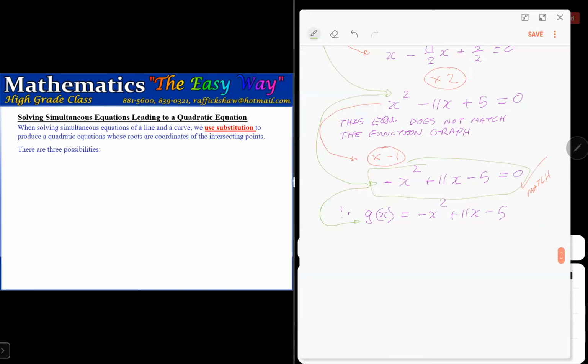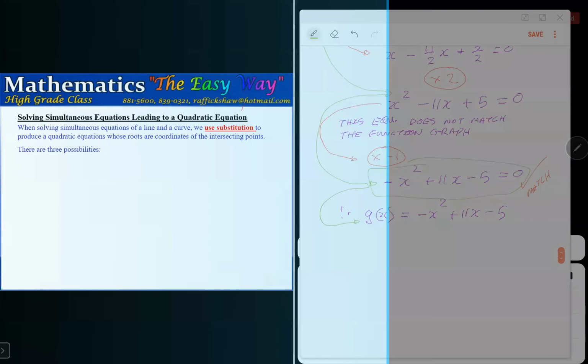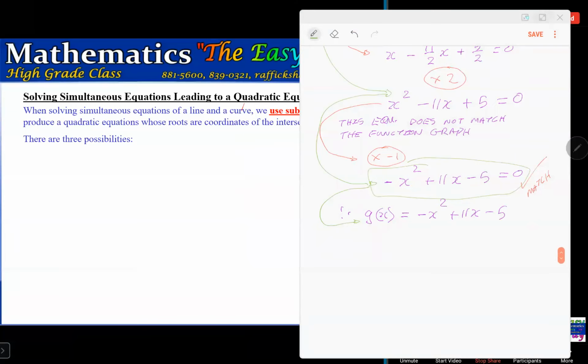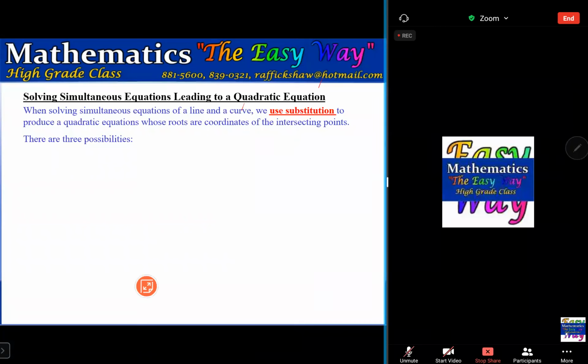So they call it quadratic simultaneous equations. If you look here on the slide, you'll see what I'm talking about right there.